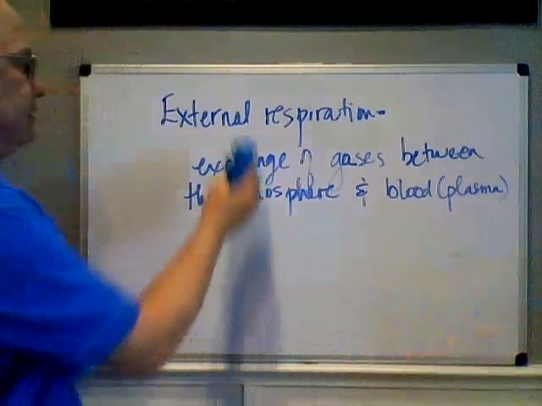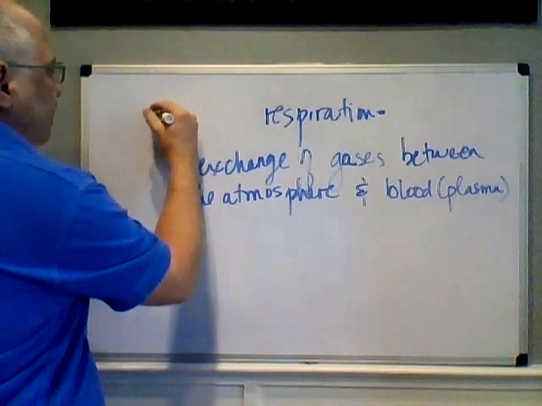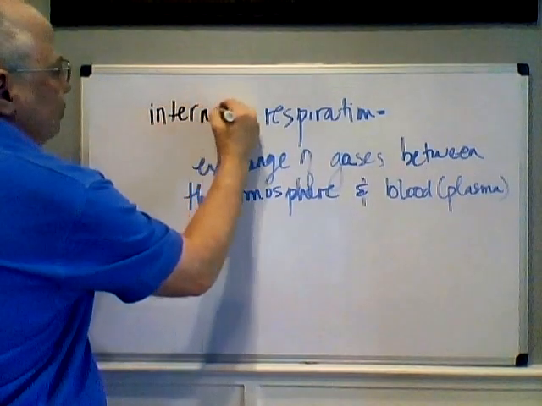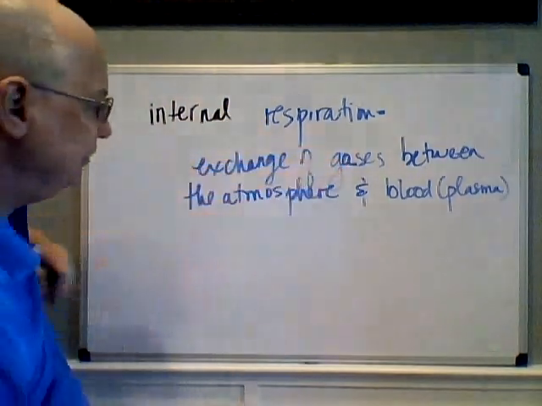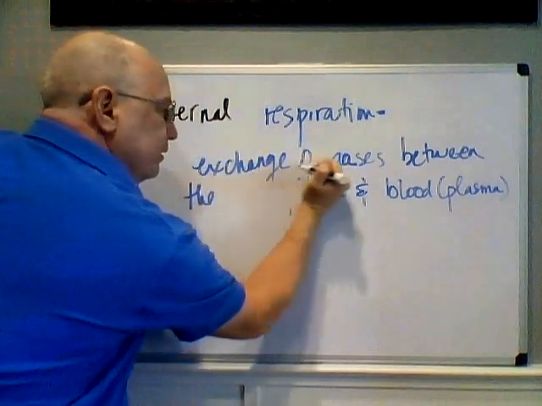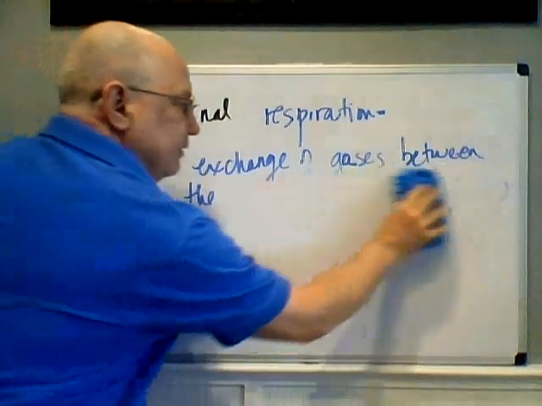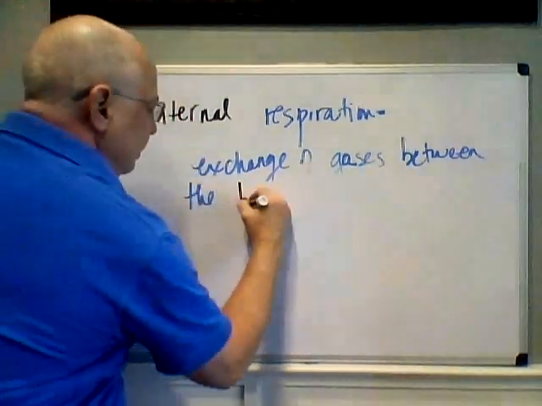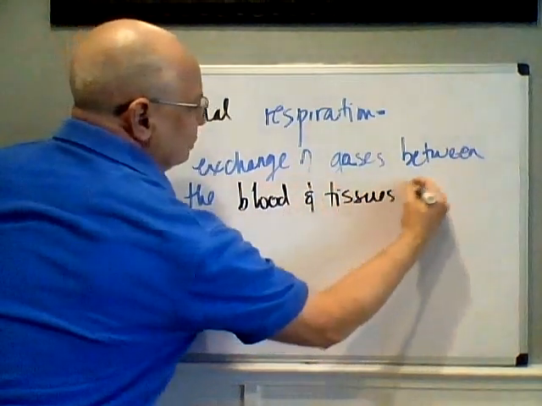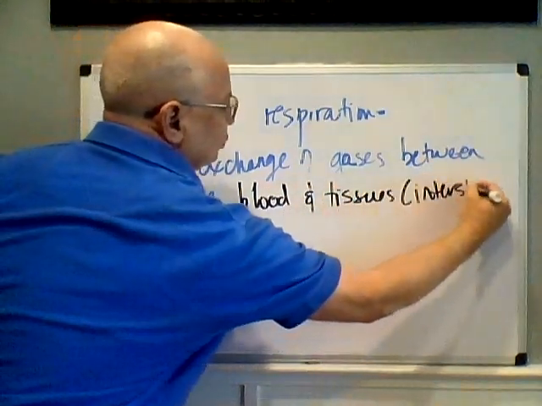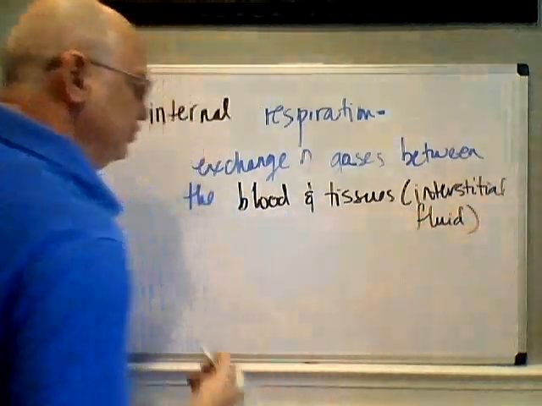Now, I'm going to just change one word. I'll use a different color marker because I don't feel like writing all this out. But the next definition is called internal respiration. And this is the exchange of the dissolved gases between the blood and tissues, or sometimes instead of tissues we say the interstitial fluid, that fluid flowing between the different cells within a tissue.